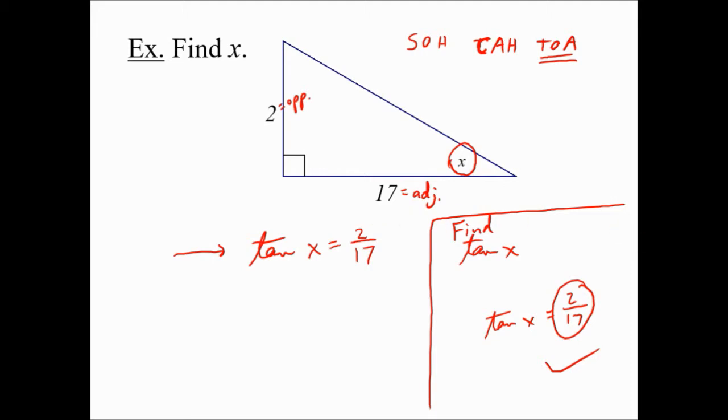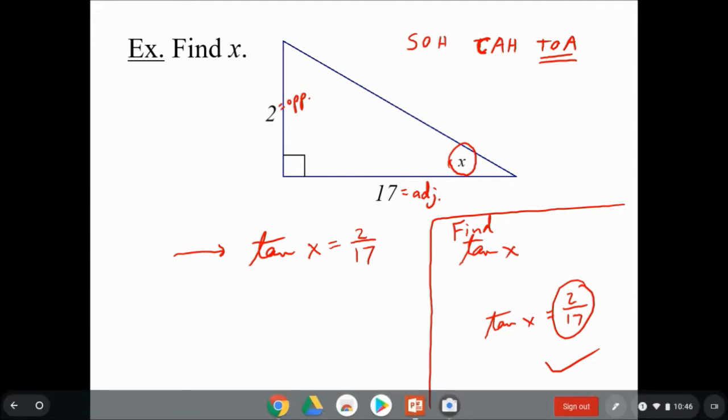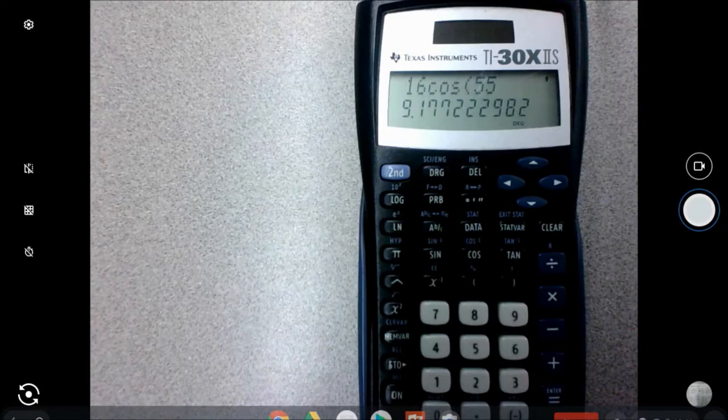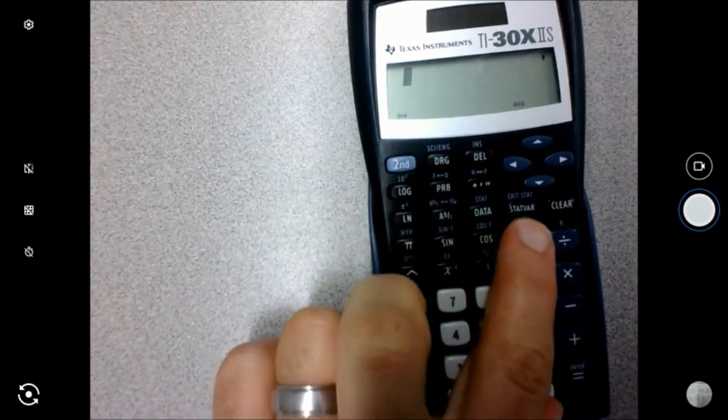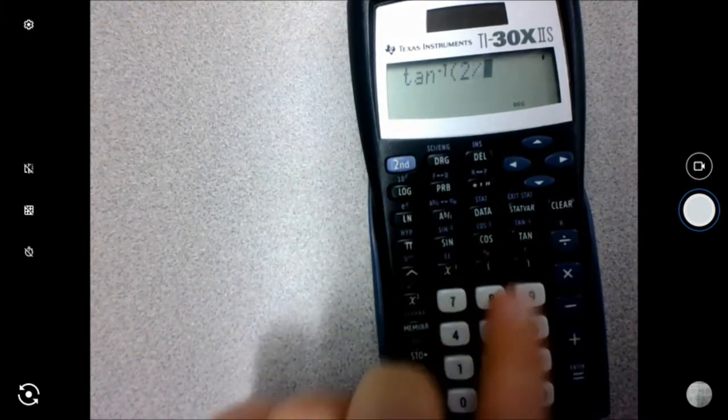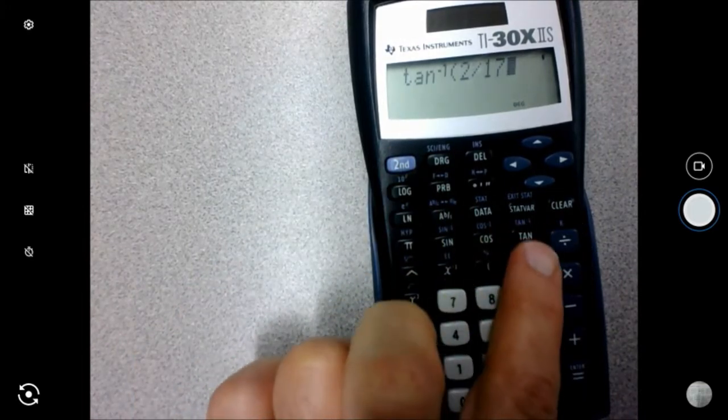Now notice, to get the x by itself, I have to undo the tangent. I have to get the tangent away from that x. So on my calculator, this time we're doing the opposite of the tangent, the inverse tangent. So this time on my calculator, I'm going to type second tan, 2 divided by 17. Equals.